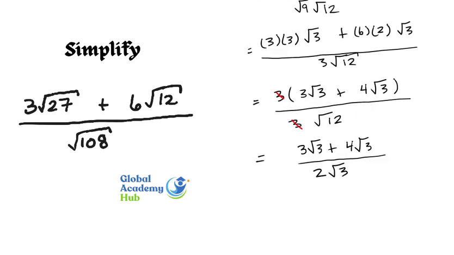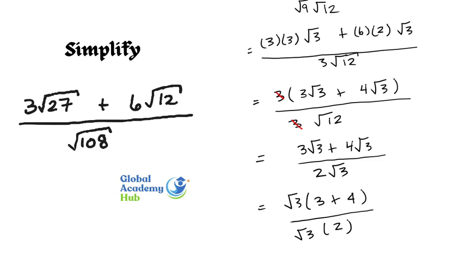So what we're going to do now is factor out square root of 3. So now I have square root of 3, and we're working on the numerator first. If I factor the square root of 3 from here, I'm left with just 3. And here I'm left with 4. So there's a plus sign in between. And in the denominator, if I factor the square root of 3, I'm left with 2.